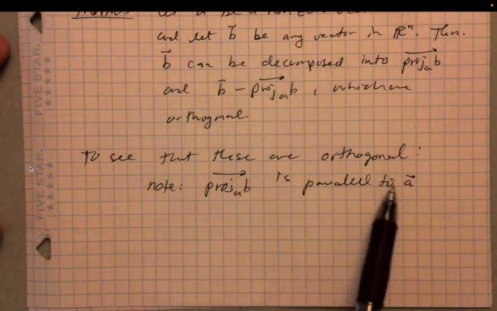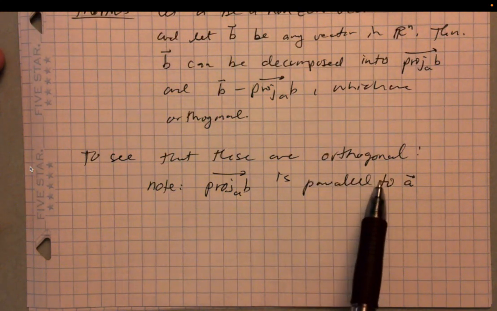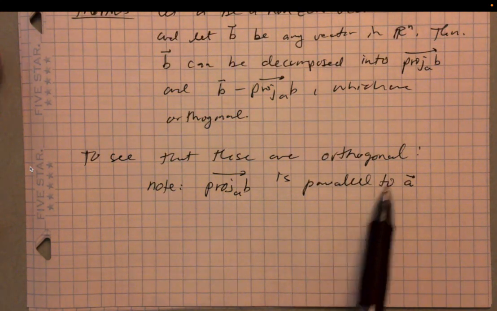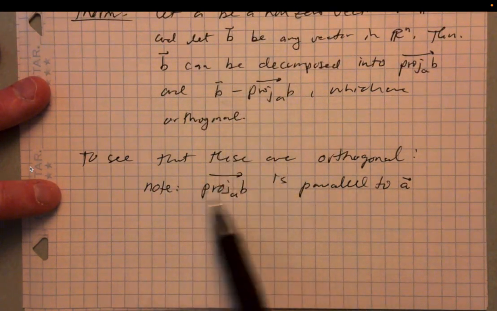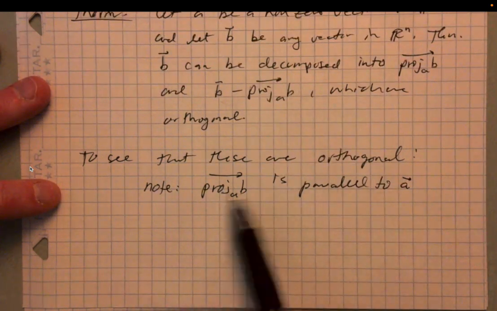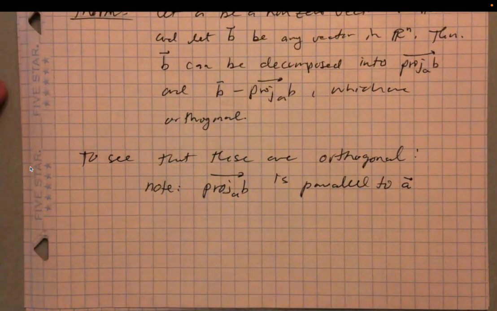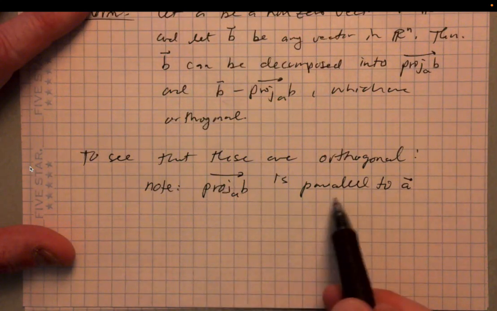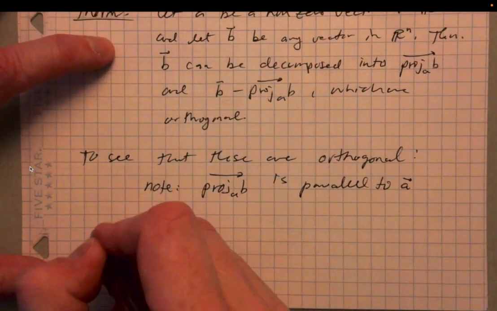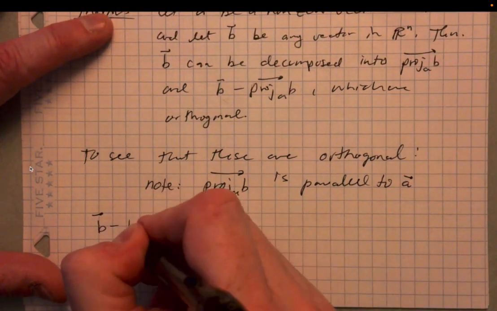So if A is orthogonal to B minus the projection of B onto A, then the projection of B onto A is also orthogonal to this vector, since these two are parallel. If a vector is orthogonal to another vector and a third vector is parallel to it, then it's also orthogonal. But we can just use the fact that the projection of B onto A is parallel to A and just do the dot product, right? So we can go like this.